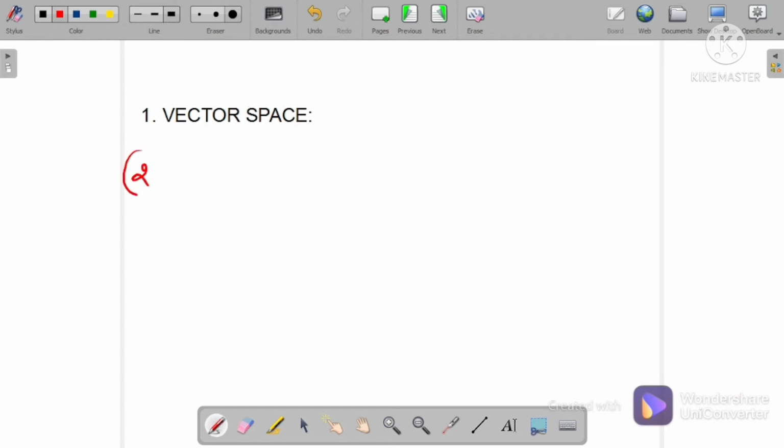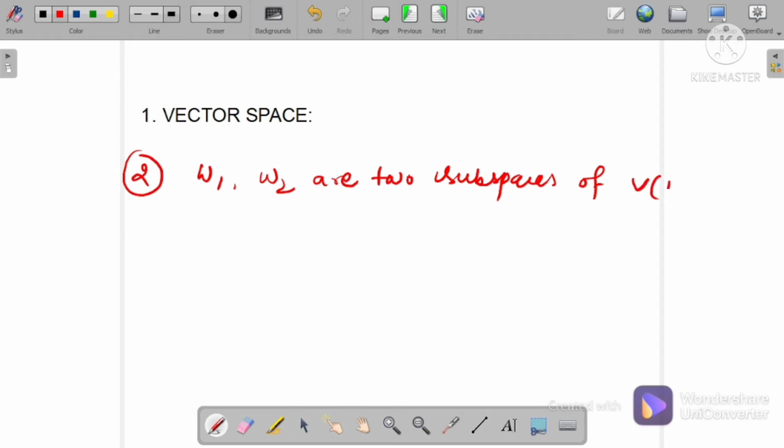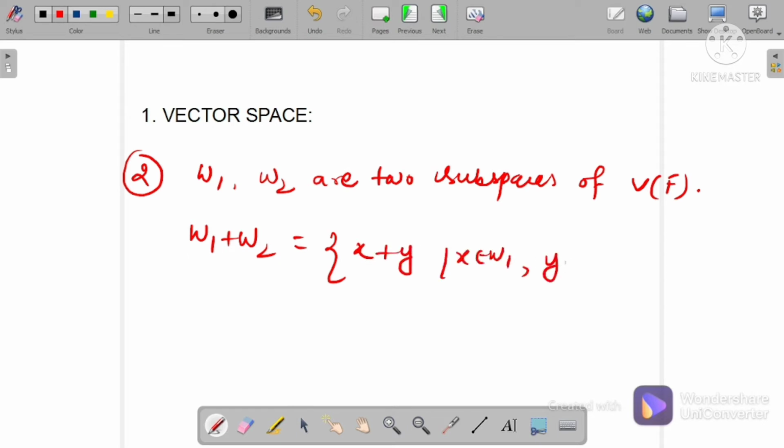The second result is: if W1 and W2 are two subspaces of vector space V over F, then W1 plus W2, which is the set of x plus y such that x belongs to W1 and y belongs to W2, is also a subspace.